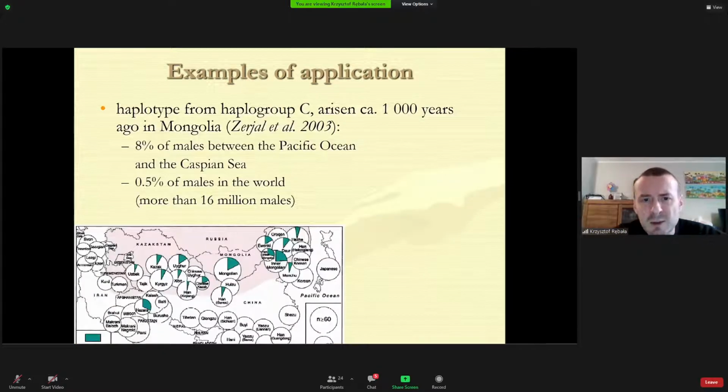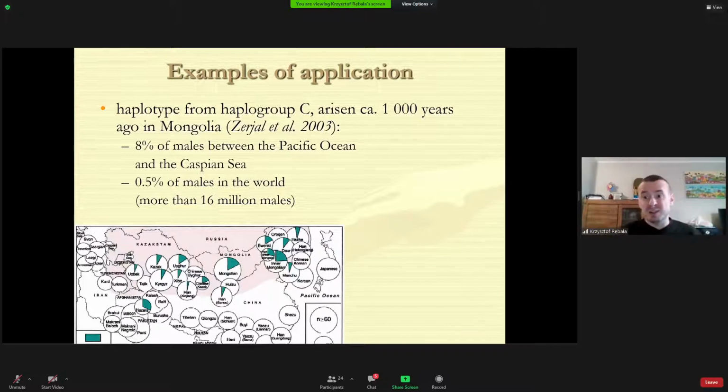Okay. Another example of application is the haplotype from haplogroup C, which appeared on the Earth approximately 1,000 years ago in Mongolia.